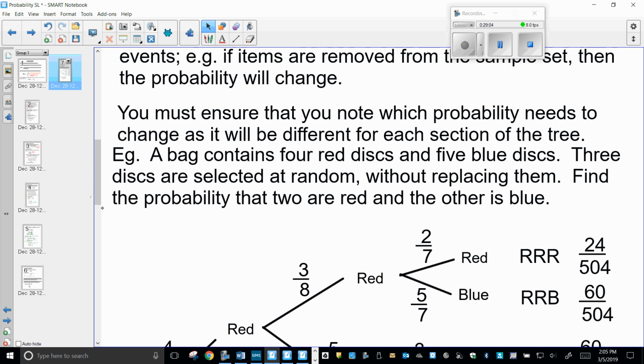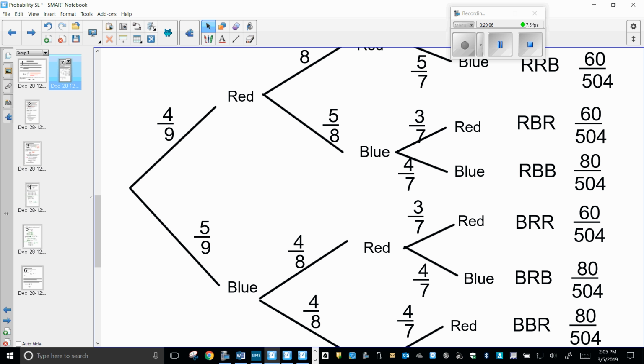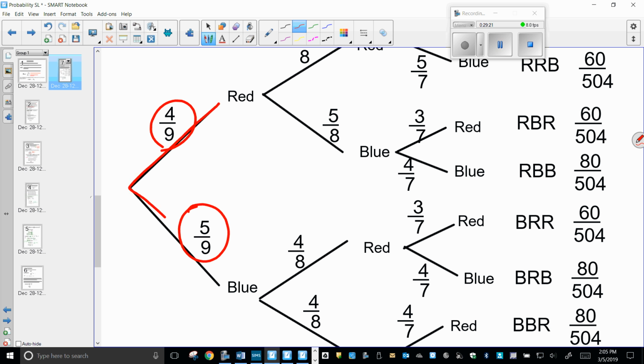Remember that for each branch, the probabilities have to total 1. For this branch, these probabilities add to 1. For this branch, they add to 1.